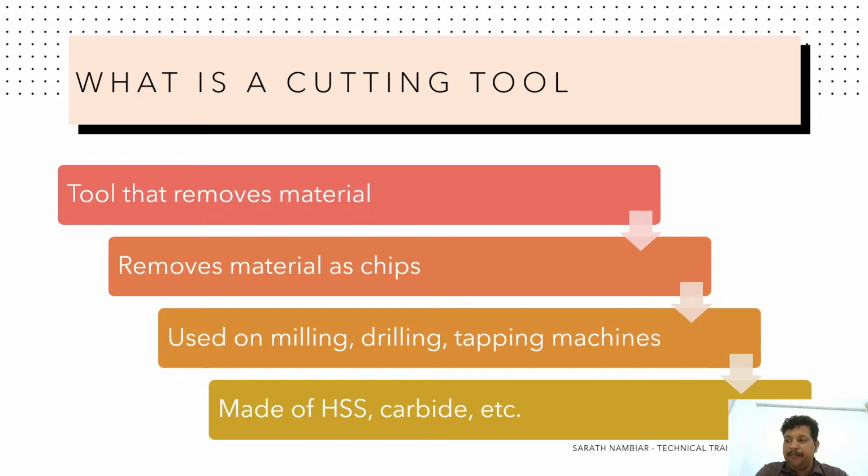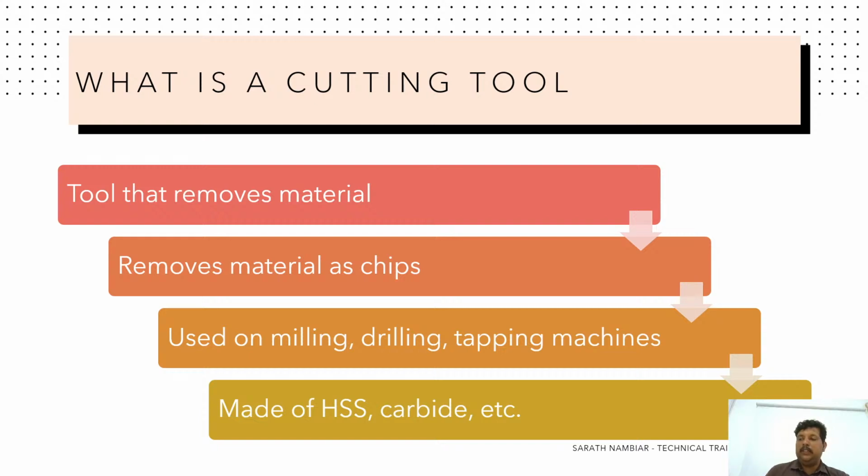It is actually cutting and removing small pieces of material. These small pieces which are removed are called chips. You would have seen this when machining is happening. Small curly particles come out. These curly particles are known as chips.